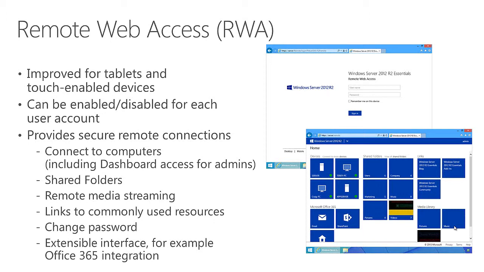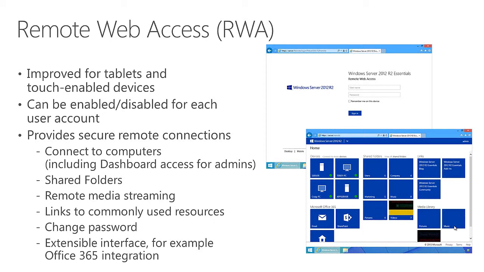What we have with remote web access is the means to provide secure remote access back to desktop computers in the office network when you're out on the road. This is also very useful for partners who can come in and connect to the server to do remote administration for their customers.